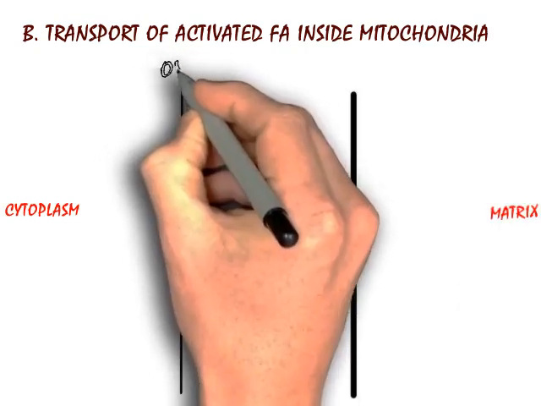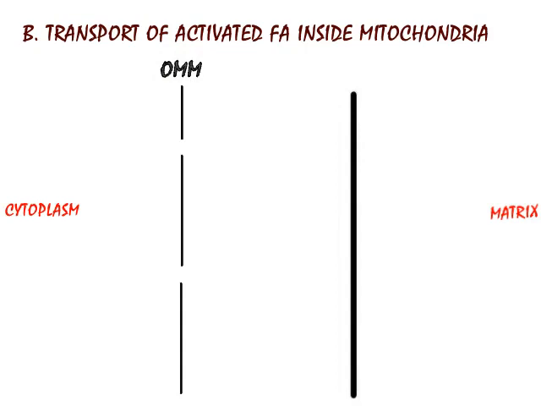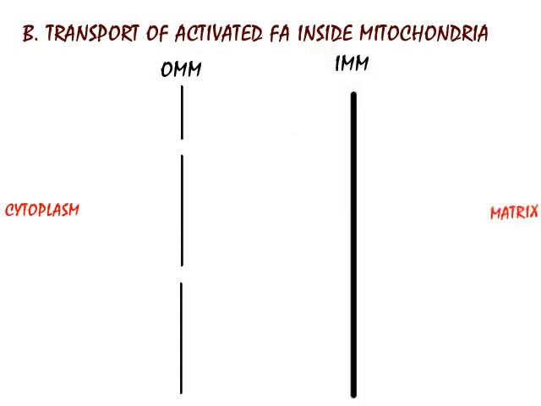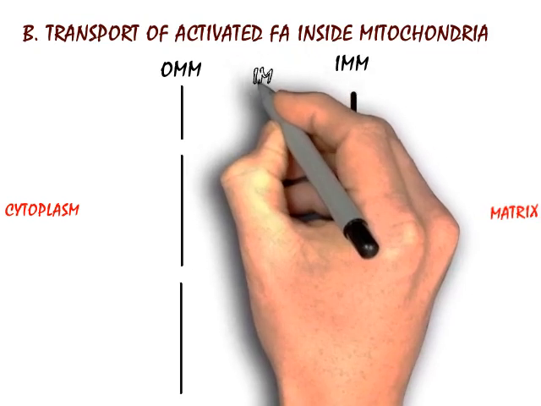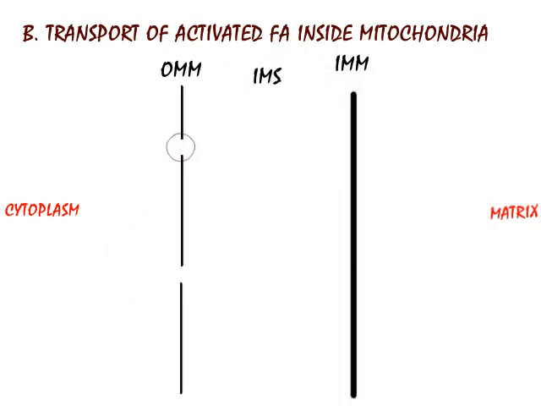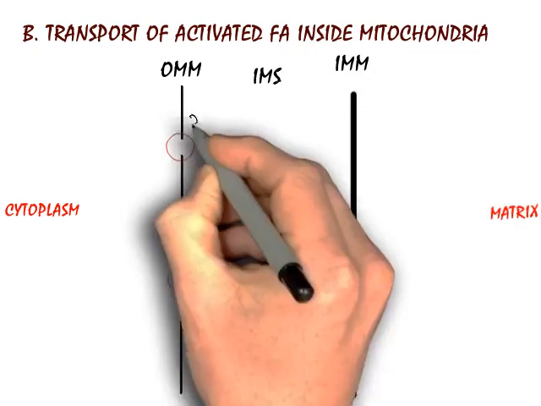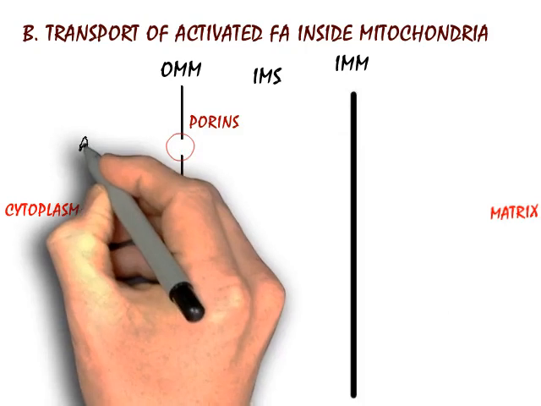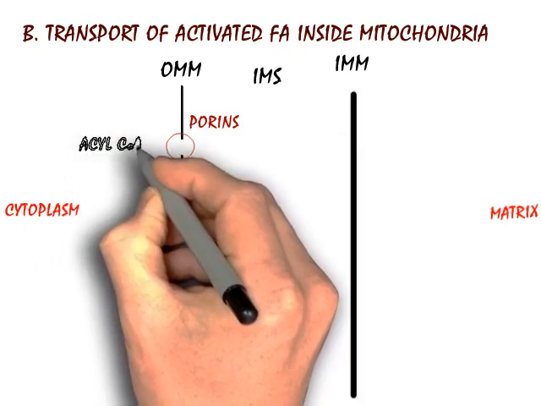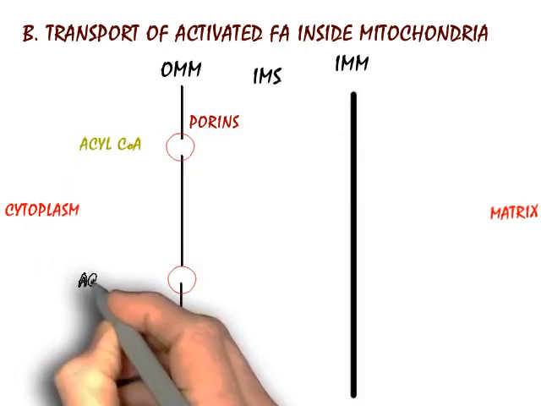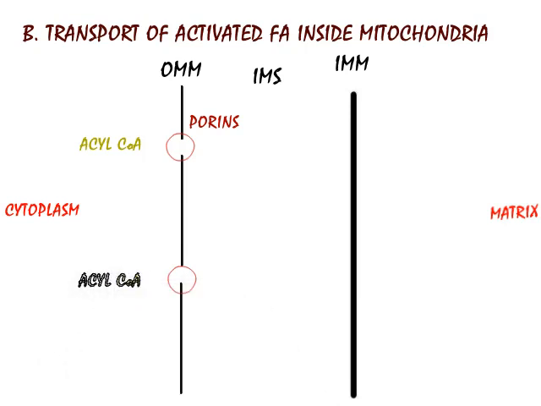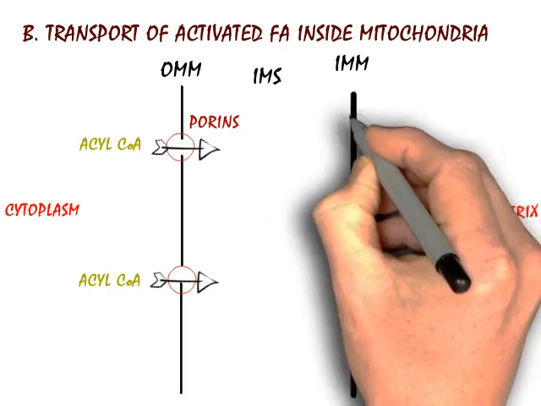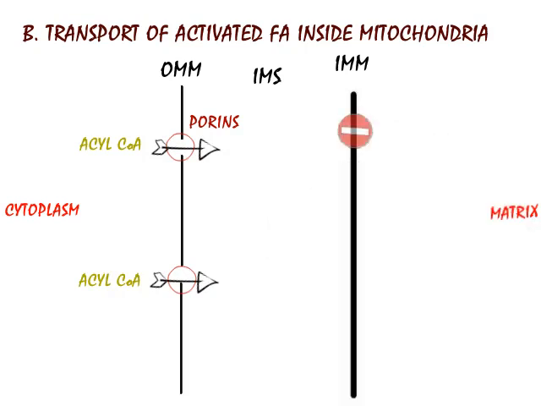The outer membrane is known as the outer mitochondrial membrane, the inner is known as the inner mitochondrial membrane, and in between them we have the intermembrane space. In the outer mitochondrial membrane, we have pore-like structures known as porins, and due to the presence of porins, it becomes permeable for acyl-CoA. So the acyl-CoA can easily get into the intermembrane space, but the acyl-CoA is impermeable to the inner mitochondrial membrane.